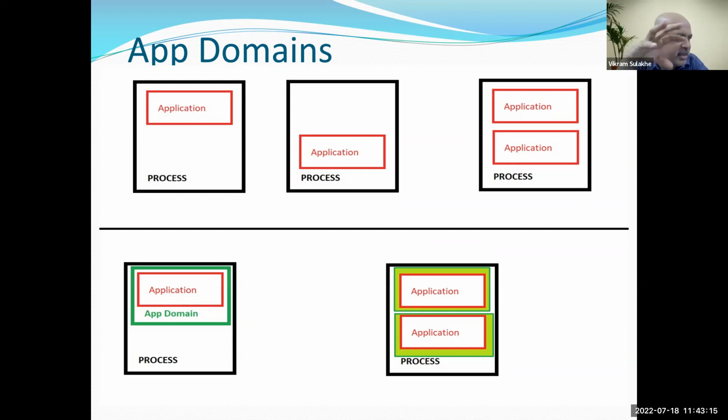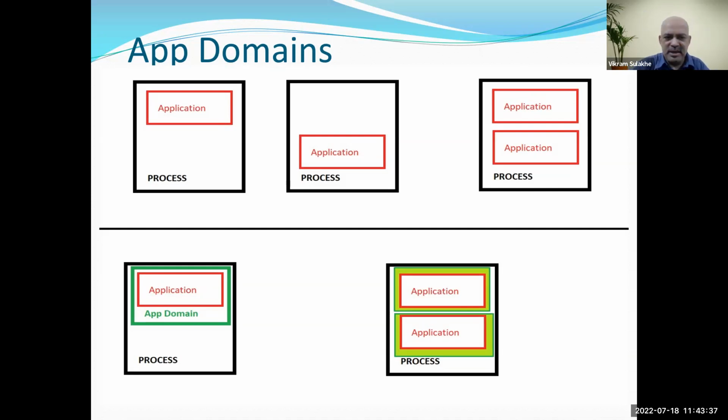And what does the process contain? The process contains details about the application, so everything that the application needs is within that process. Now the process space that is allocated, I'm saying right at the start, is far more than what the application needs. So that is what the black box of the process indicates.